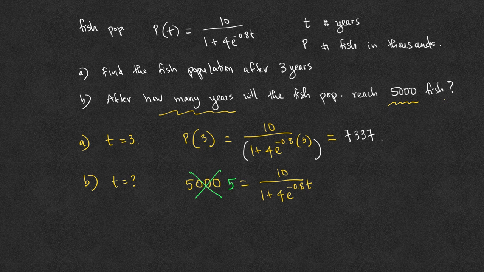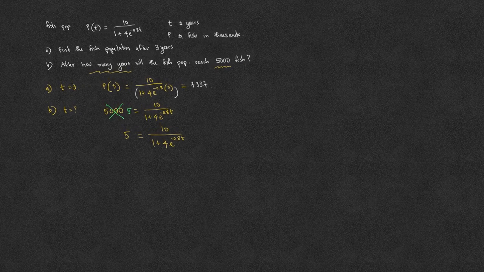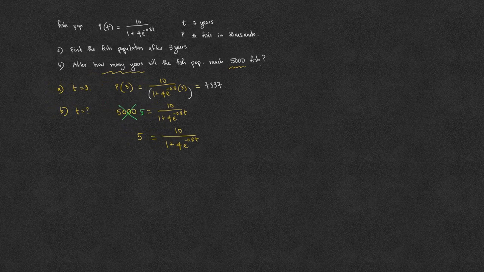We're trying to solve the equation 5 equals 10 over 1 plus 4 e to the negative 0.8t. At this point, we can solve it without using a graphing calculator for now. This is the fraction on the right, and so we would set up the fraction on the left.